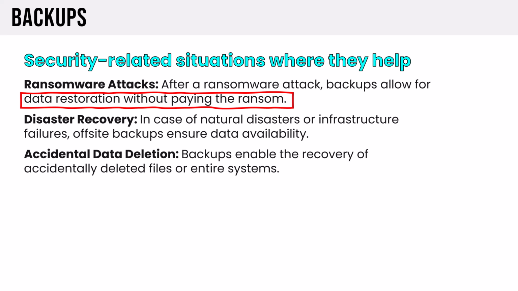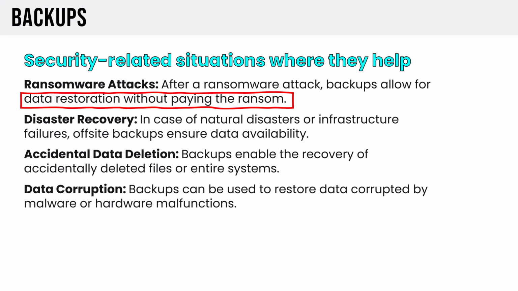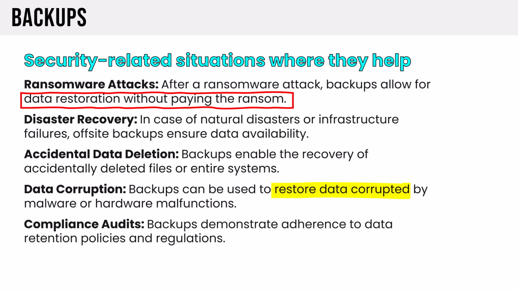Accidental data deletion. Data corruption, so we can use backups to restore data corrupted by malware or even hardware malfunction. And I mentioned compliance. We could also use backups for compliance audits to demonstrate adherence to data retention policies and regulations. What you'd see in an audit scenario is a request from the auditor to restore a specific piece of data from a specific point in time.